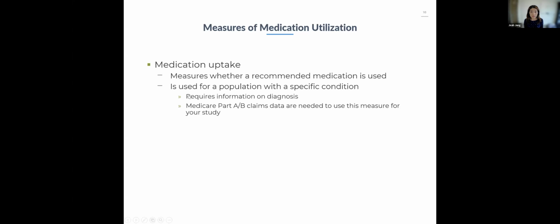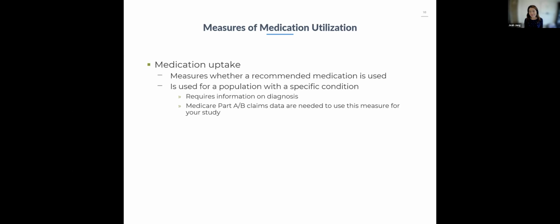That means you need information about diagnosis or patient condition. Do PDE data files include information on condition? Yes or no? Do we know from PDE data whether this patient has diabetes or not? No, okay.